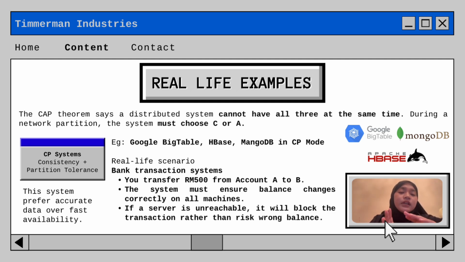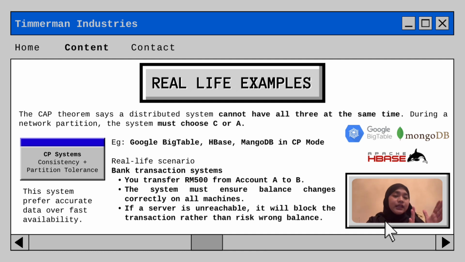So, what is a real-life scenario that we can relate to these examples? First is the bank transaction system. For example, you have to transfer 500 from account A to B. The system must ensure balances change correctly on all machines.